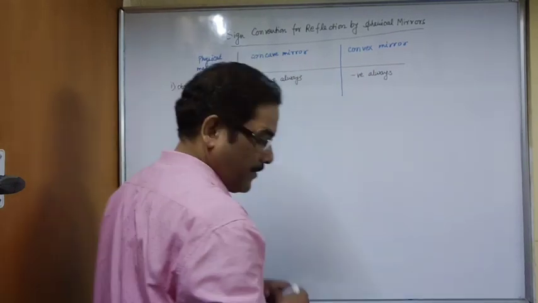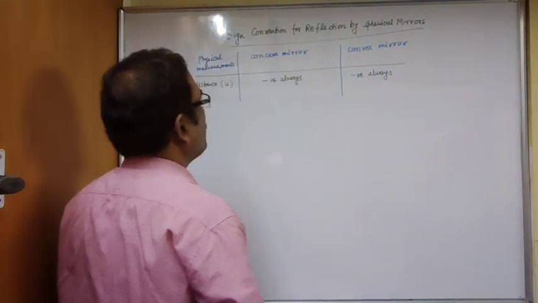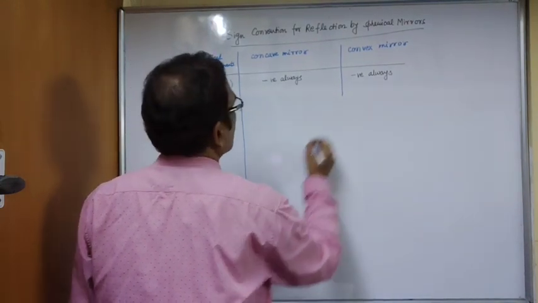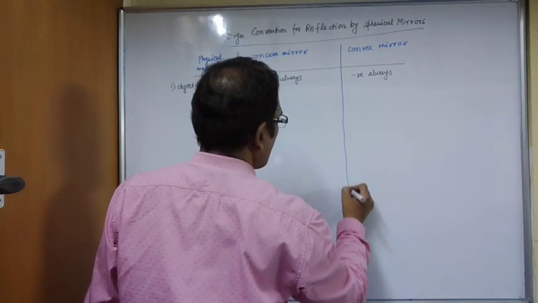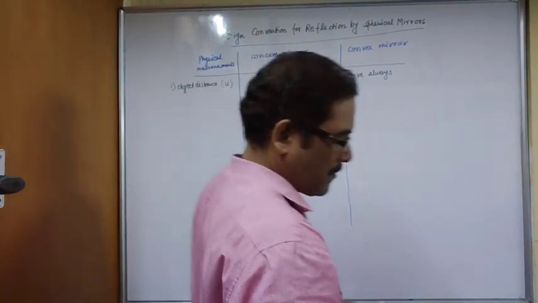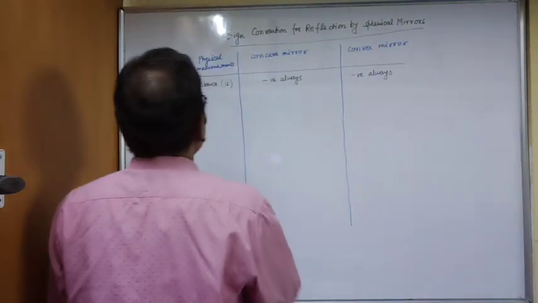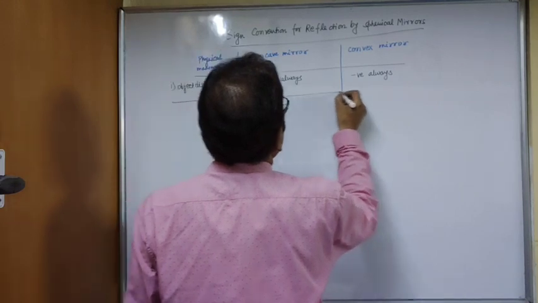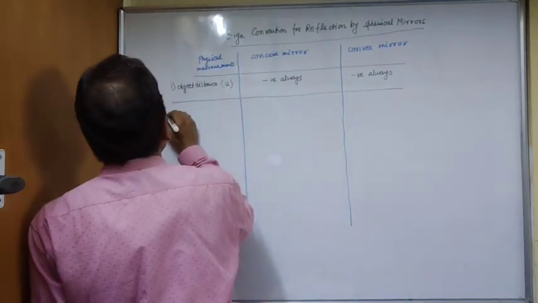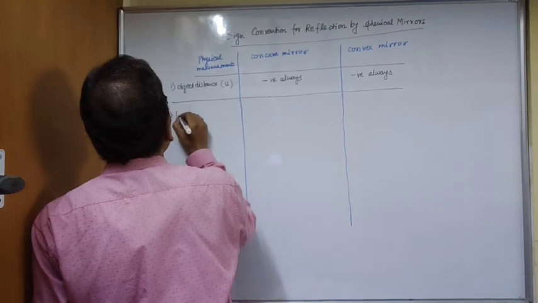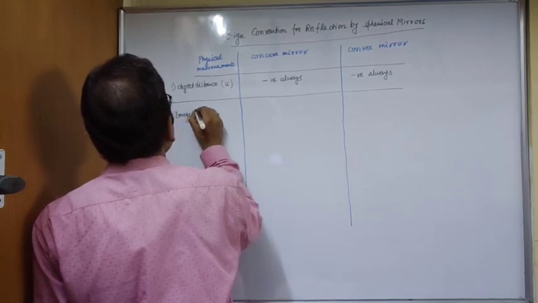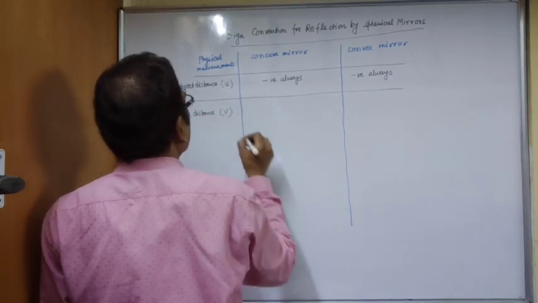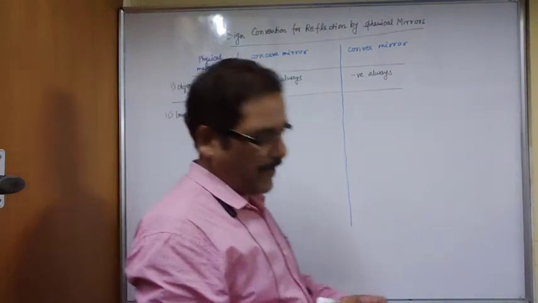Now second one is image distance. Now image distance v.